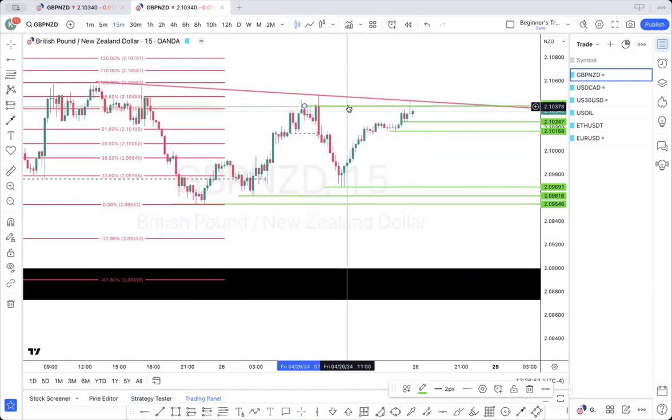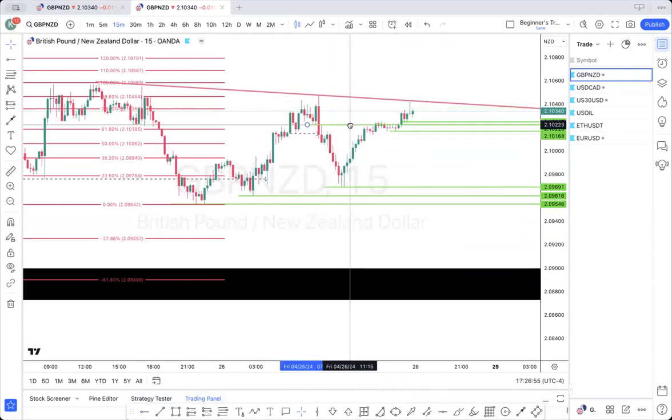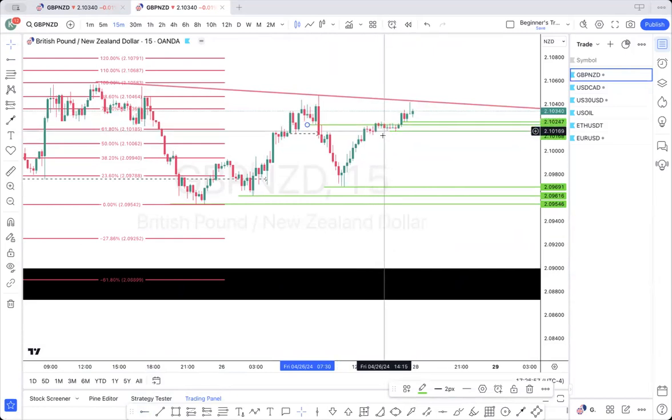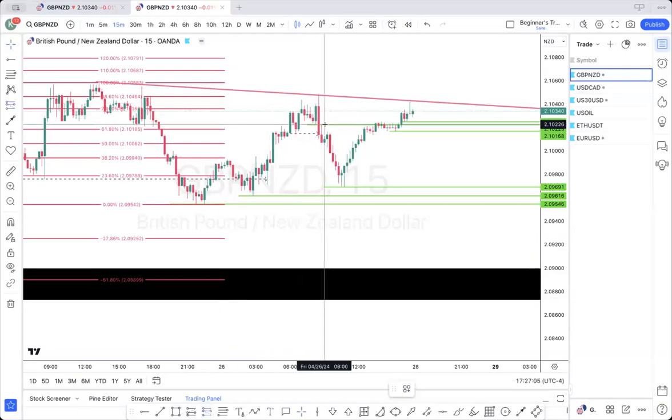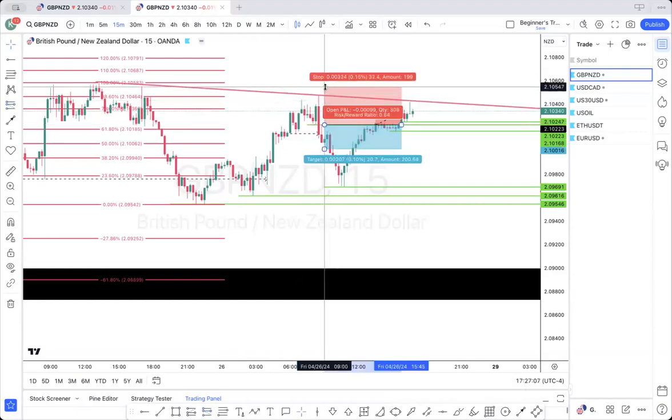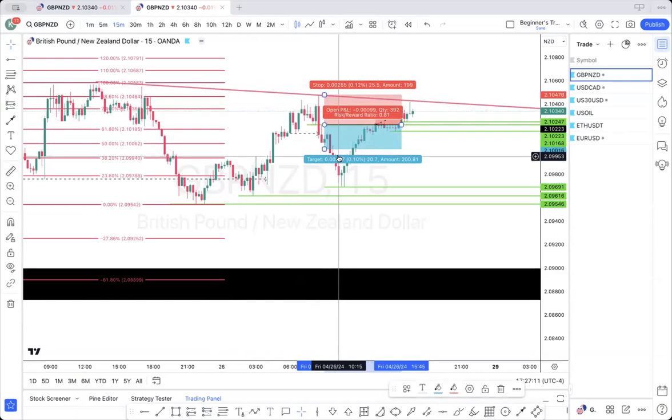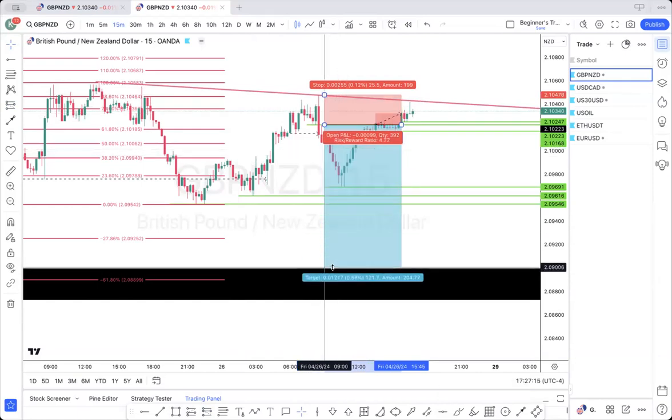If you were waiting for it to come back to the last institutional candle, you could have gotten in. When I say institutional or the order block, same thing. So you can either set your limit here. That was 25 pips. I like 20 pips on pairs.